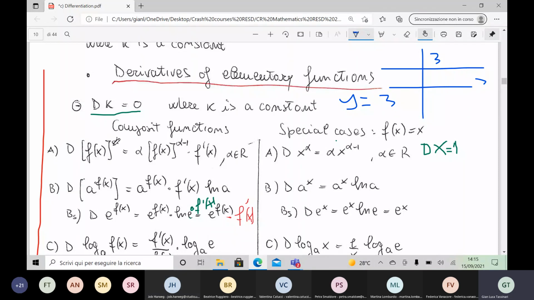This is the derivative g prime, what we called g prime of f of x. But the composite function rule then tells you that you have to multiply by the derivative of the inner function, so times f prime.